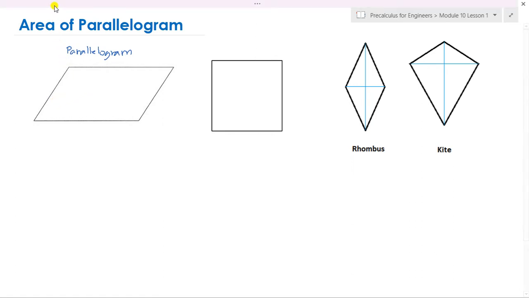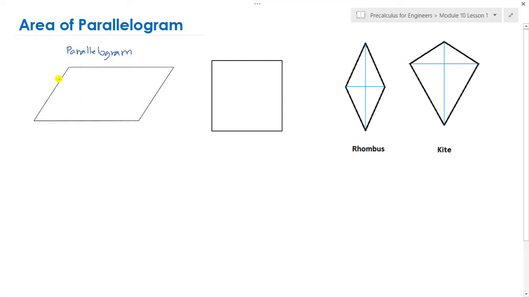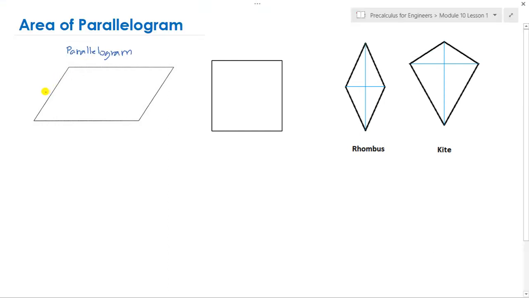Let's say this is a parallelogram wherein the two opposite sides are equal. So I'm going to write their sides. This side has a dimension of A. So automatically, this other side is also A. Then this one is B. Then this other side is also B.